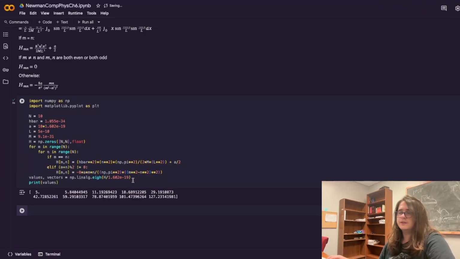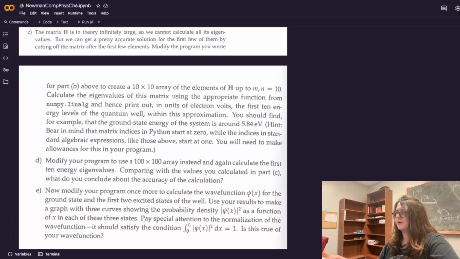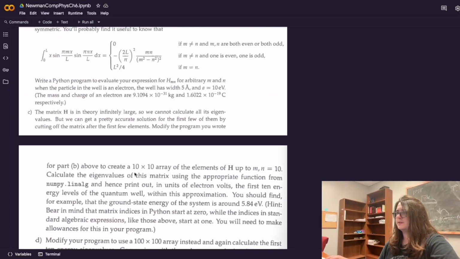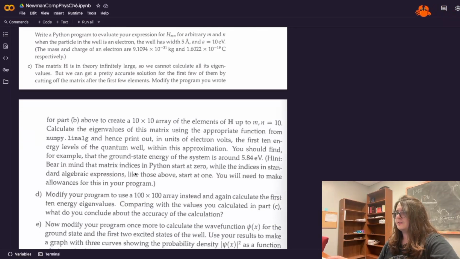It's because, even Mark Newman has a little section about this, that the matrix indices in Python start at 0, while the indices in standard algebraic expressions start at 1.